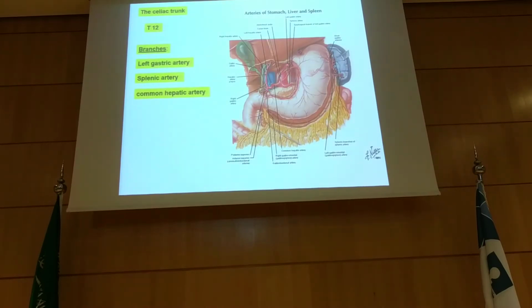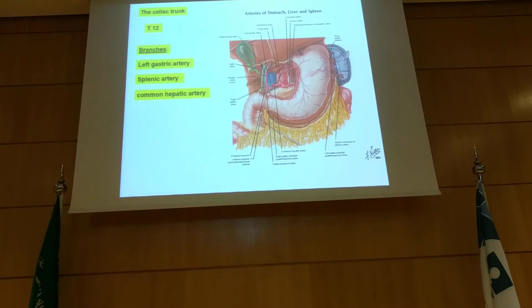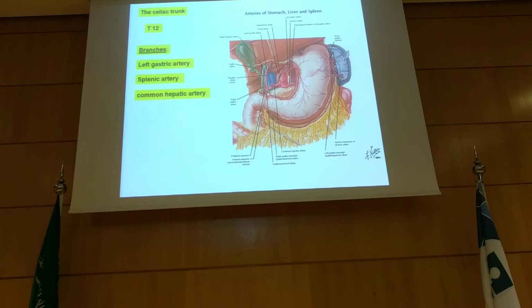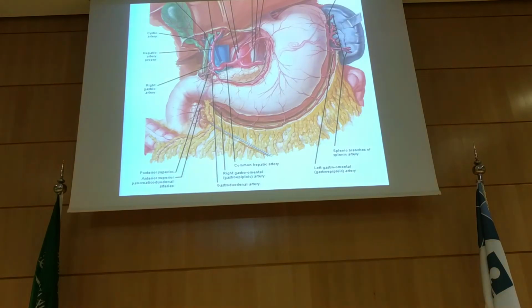Now celiac, it comes just below the diaphragm. Although the name is big, celiac trunk, it's very short. It's a small artery because the moment it comes from the aorta, at the level of T12, it divides into 3 arteries: left gastric, splenic, and common hepatic.